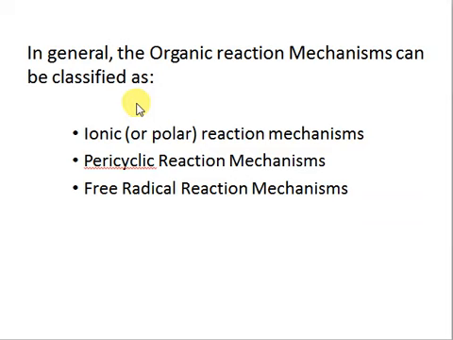The first possibility is that, you know that each bond consists of two electrons. So one electron is here and one electron is here, right? So one possibility of the bond breakage is that the bond breaks in such a way that both of the atoms get one electron each. So one electron goes to this atom B and one electron goes to this atom A, right?